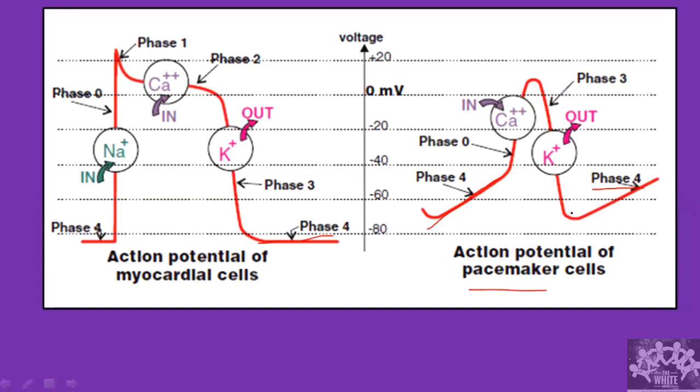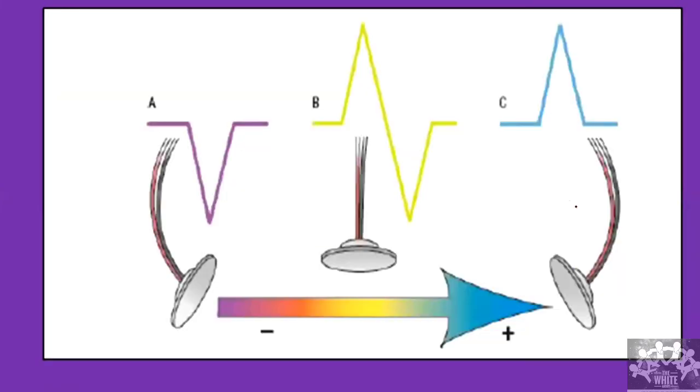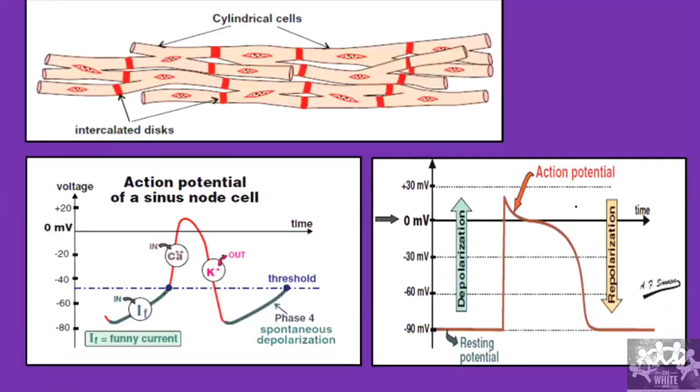What happens is that there is a current channel that opens, called the funny current. It is marked here. As the impulse reaches somewhere around minus 65, minus 70, it starts opening up. That is when some amount of sodium enters. When sodium enters, the resting membrane potential becomes a little more positive, from minus 60 to somewhere around minus 50, minus 55.